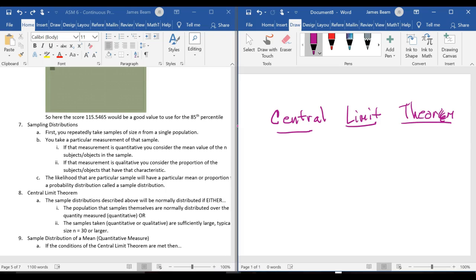We're not doing that here. We're going to posit it and we're going to accept it. The central limit theorem says that your sampling distribution will be normal with certain parameters, right?